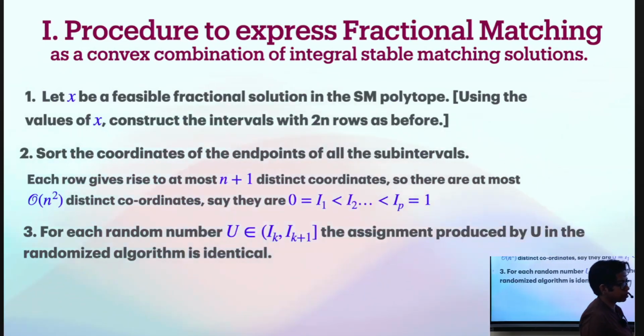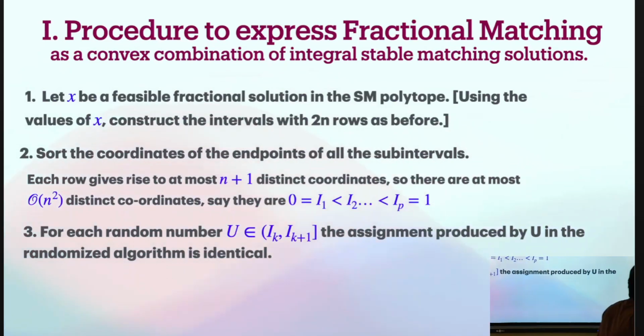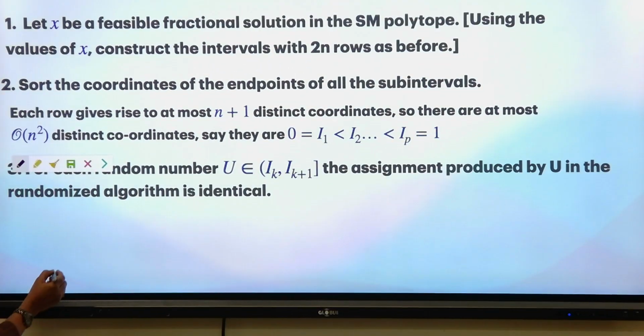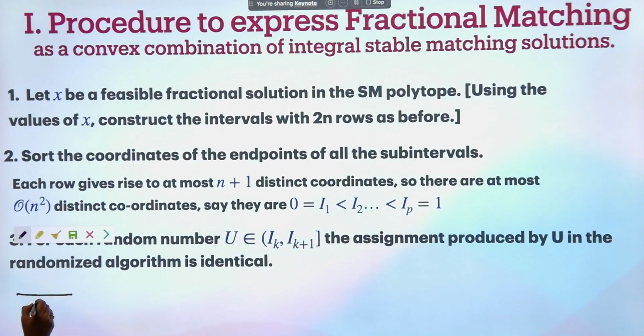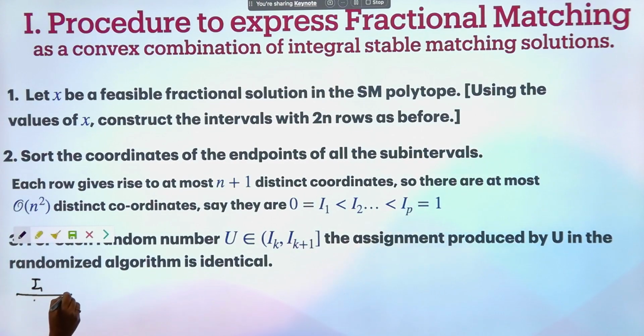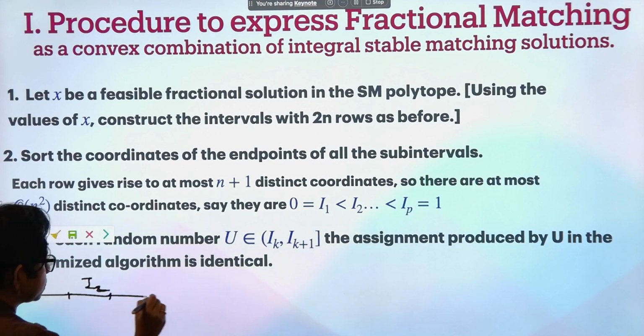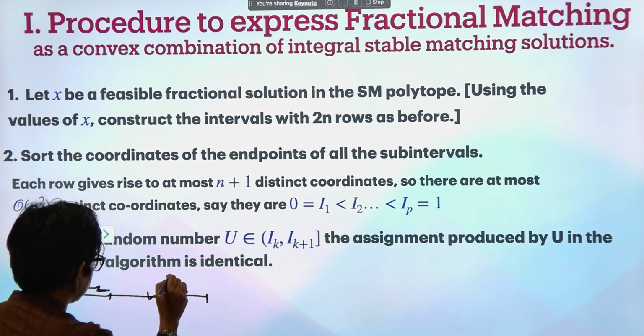Maybe I should draw it. I drew that picture yesterday late night and then I sort of lost the energy to draw more pictures. But these things are better explained like this. Okay, so this is I1, I2, let's say I3.